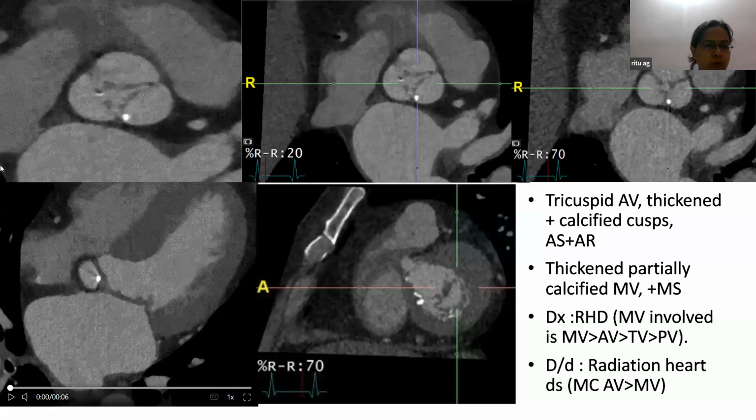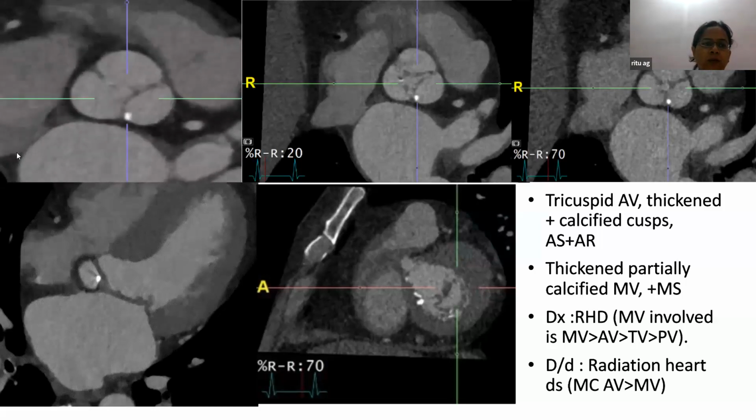Now, that is another case. I just wanted to show how rheumatic heart disease looks. We can see a tricuspid aortic valve with some degree of focal calcification of the valve. This is a systolic image at RR 20%, where the aortic valve is completely open.